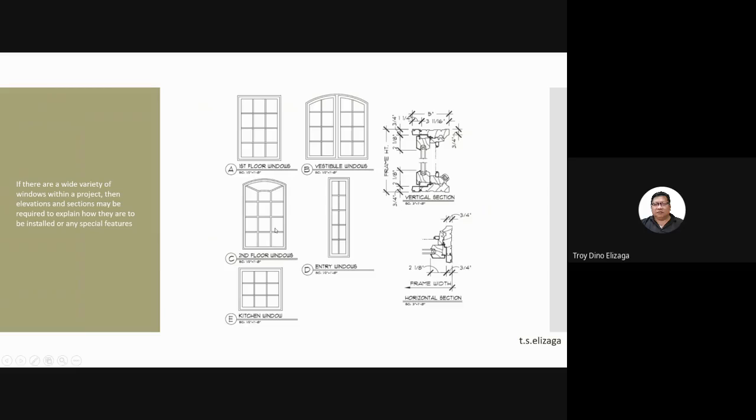Now, it could also be possible that the window is sliding. So, for example, in letter C, let's just assume that the lower part of the window slides up, then there should be an arrow indicating the direction of the slide. So there's an arrow going up. And then if the upper portion does not have an arrow, it means that it is fixed. Otherwise, it also means that it can go down.